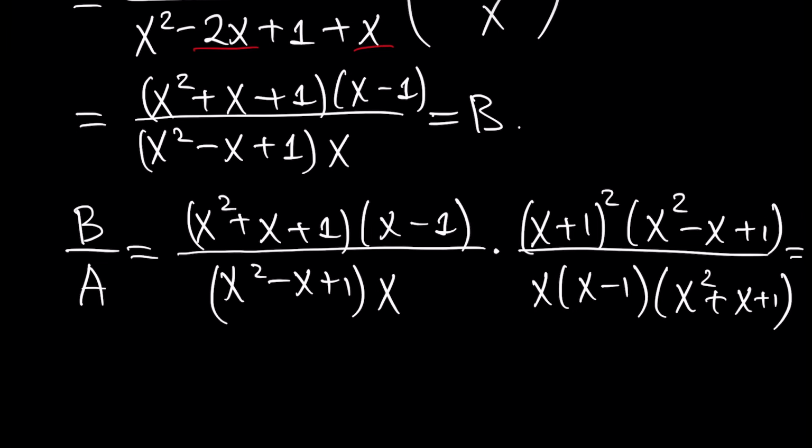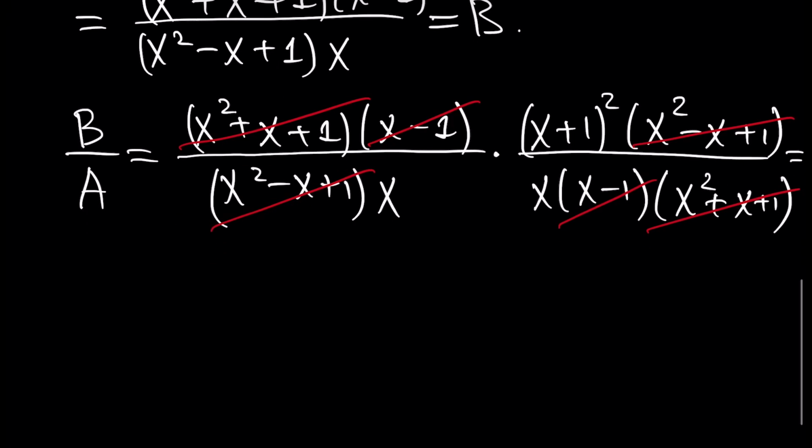As I said, here we have cancellations. This is cancelled by this, and this is cancelled by this. Here we have cancellation of this, and all in all, we will have b divided by a equal to (x + 1)^2 divided by x^2.